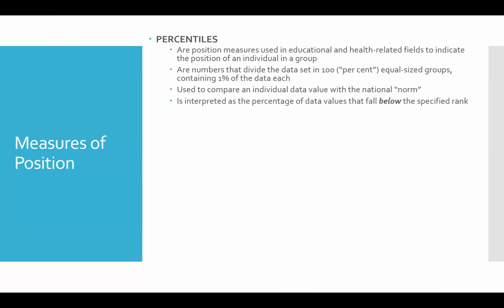It's important that you understand how to interpret a percentile. And this is a different concept that sometimes troubles students. The percentile is the percentage of the data values that fall below that specified rank.